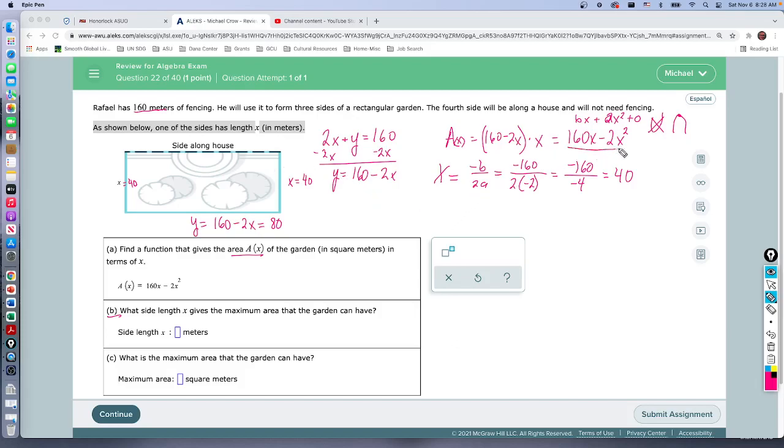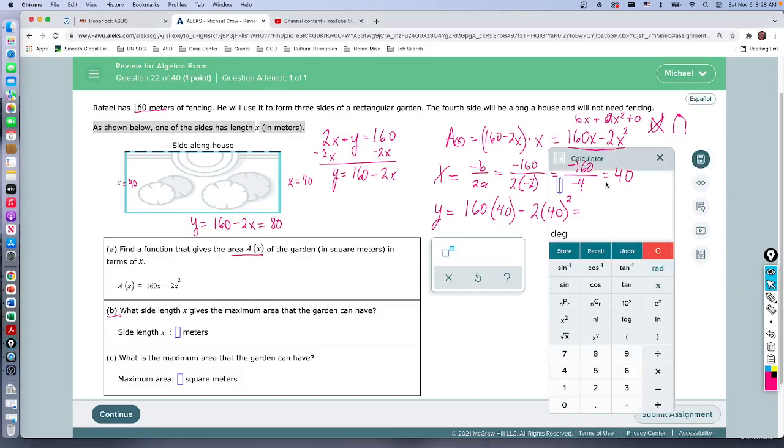But again, I'll show you what we do is we find the y-coordinate of the vertex. We get that y equals 160 times 40 minus 2 times 40 squared. So that will be our total area. So let's go ahead and bust out the calculator.